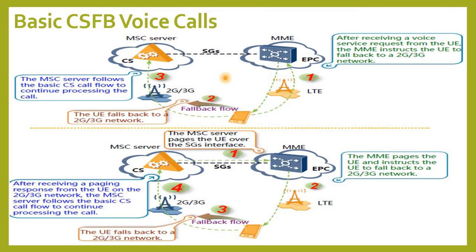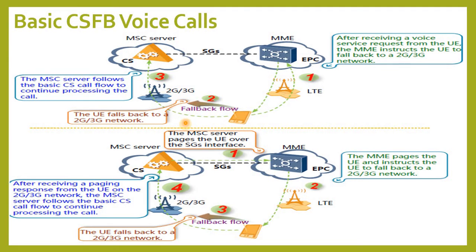Let's have a look at how a basic CSFB voice call takes place. In this case, we see that the user equipment places a call via the 4G network towards the MME. After receiving a voice call service request from the UE, the MME asks the subscriber to fall back to the 2G and 3G network, which is mentioned over here.